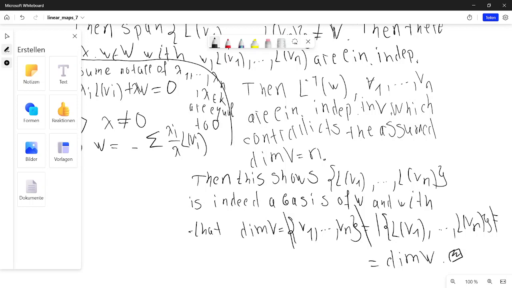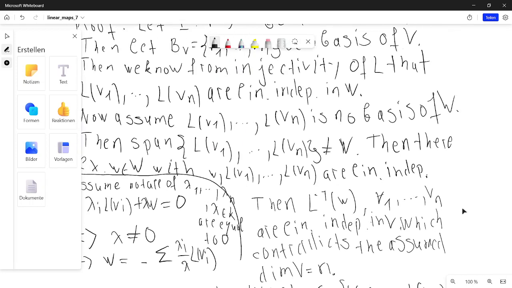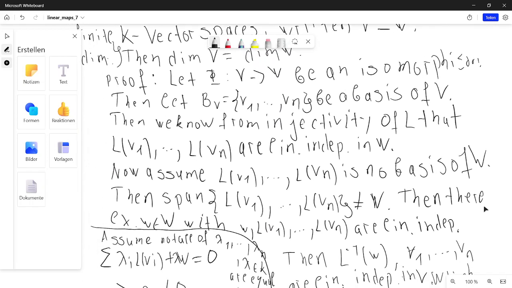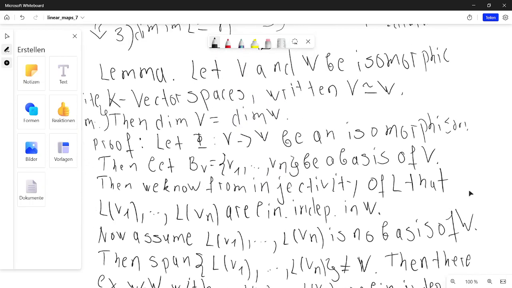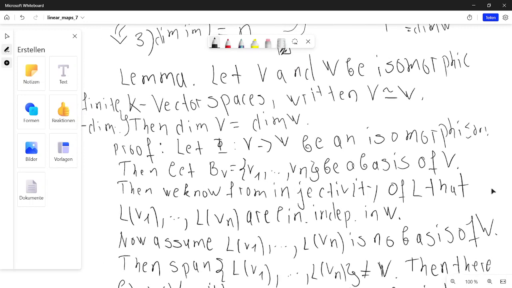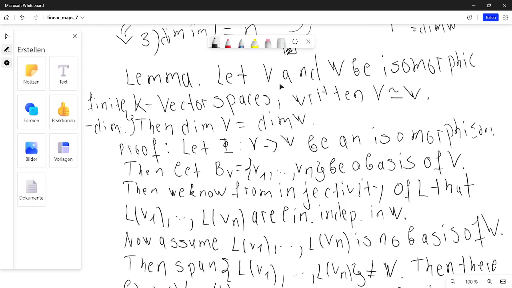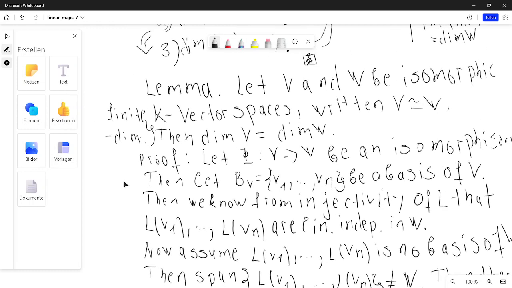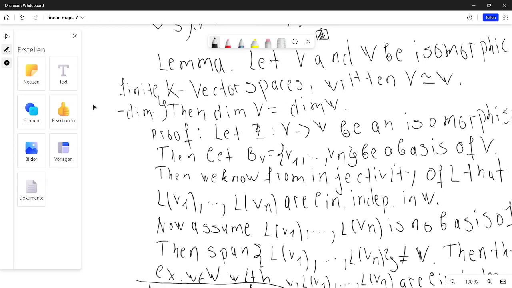Right, and let me maybe recall what we did, because it was a little confusing how I presented it, because I wanted to explain it properly. So we assume that the vector spaces are isomorphic finite K vector spaces, right? Isomorphic and finite, that is finite dimensional K vector spaces. Finite dimensional, exactly.